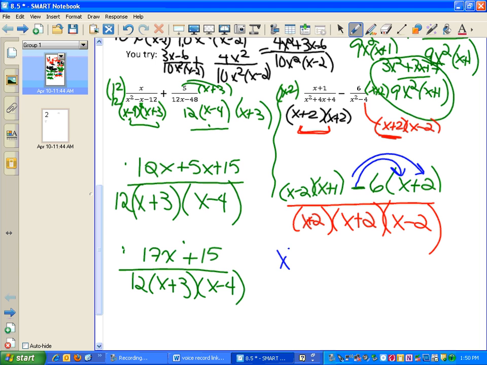This gives me x squared minus 2x plus x minus 2. That's what these FOIL out to be. This is going to be negative 6x minus 12. Do you follow that?